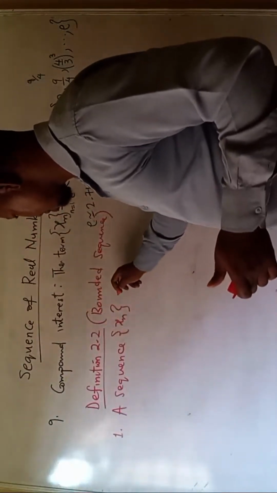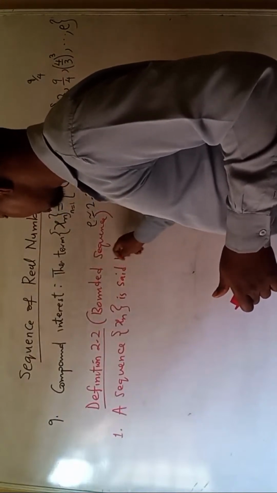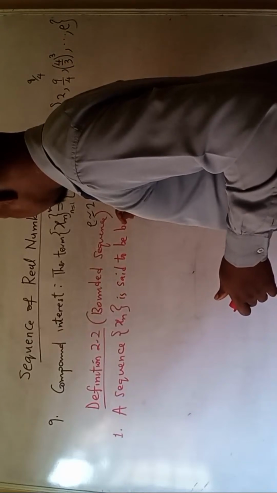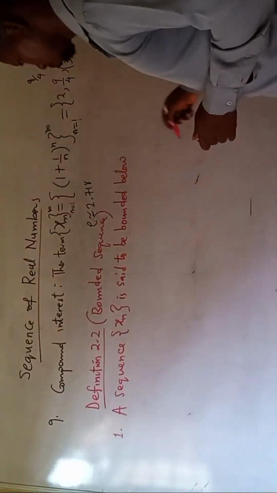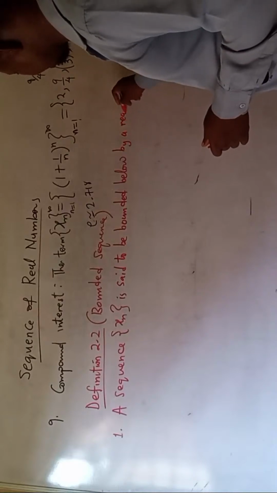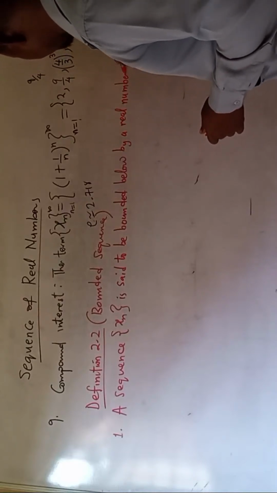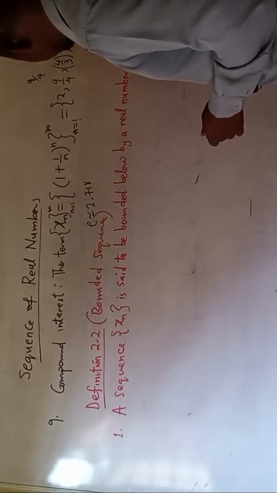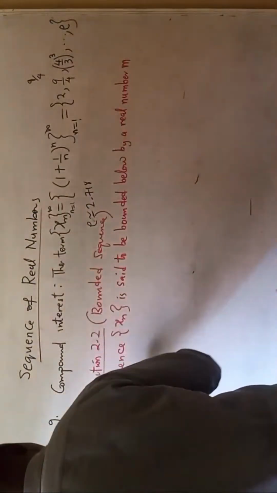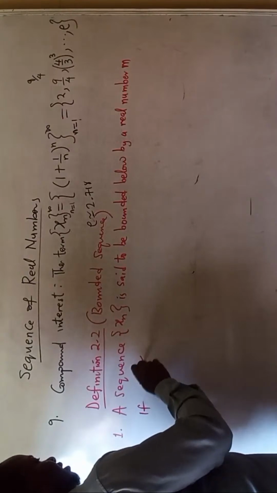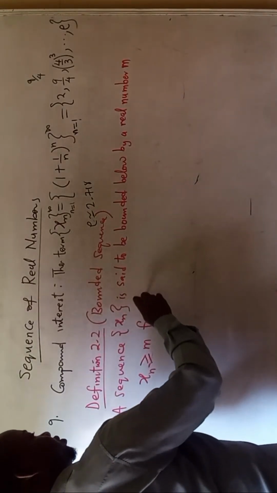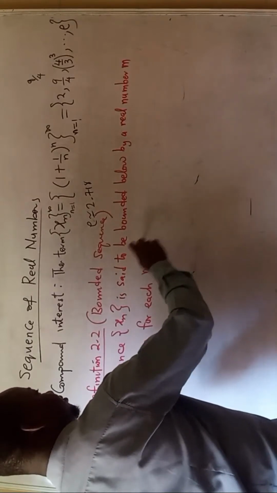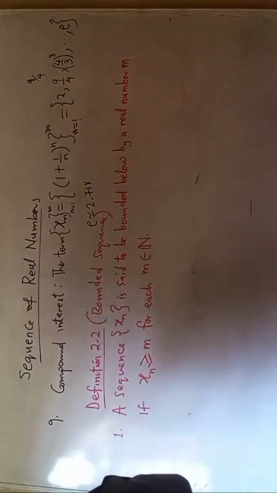Okay, so the sequence xn is said to be bounded below by a real number n if xn is greater than or equal to n for each n in N. So we'll say a sequence is bounded below if we can find a real number n.